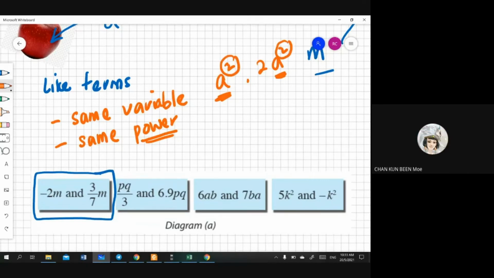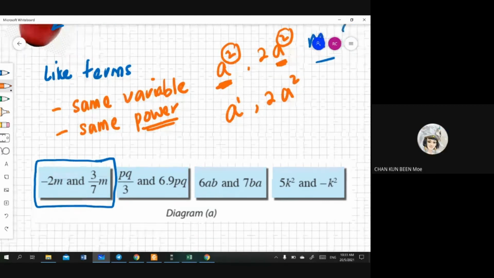If I have 1a and the other one is 2a squared, what is the power of a over here? A to the power of? If there is no number written, the power is actually 1. So you can see the power is different already. If the power is different, they are unlike terms.